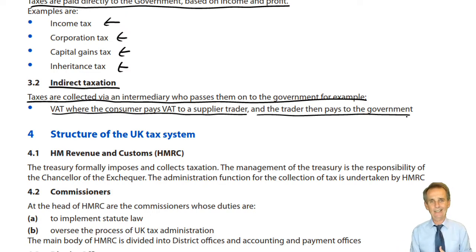But they, in turn, will have been a customer from a supplier business, where again they will have been charged VAT. So what we'll discover in this chapter is that for a trader, on the sales that the trader makes, they have to charge output VAT. On the sale going out, output VAT. Again, at the standard rate, if relevant, 20%.